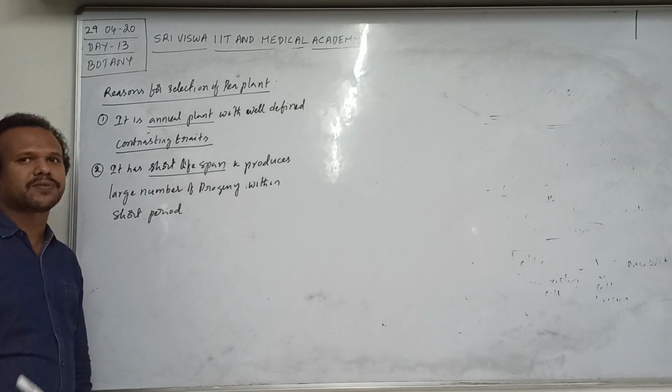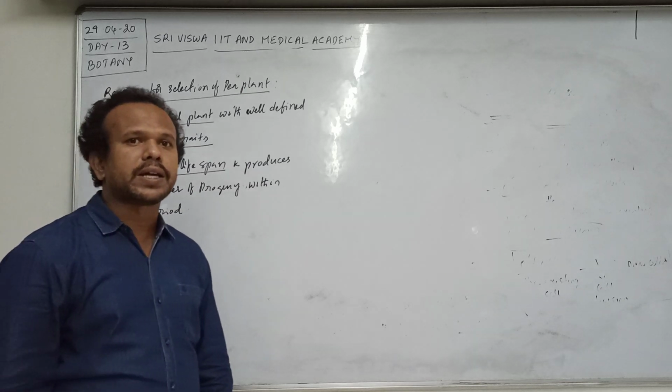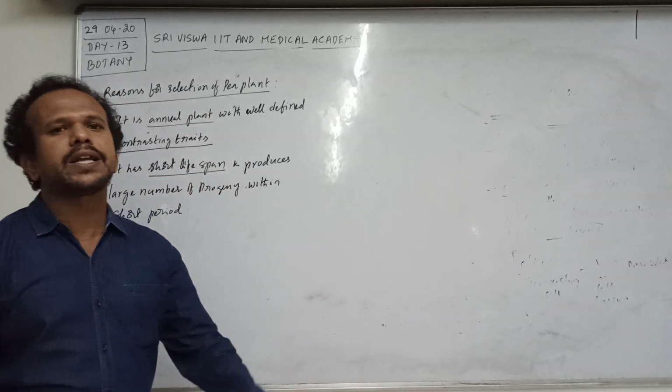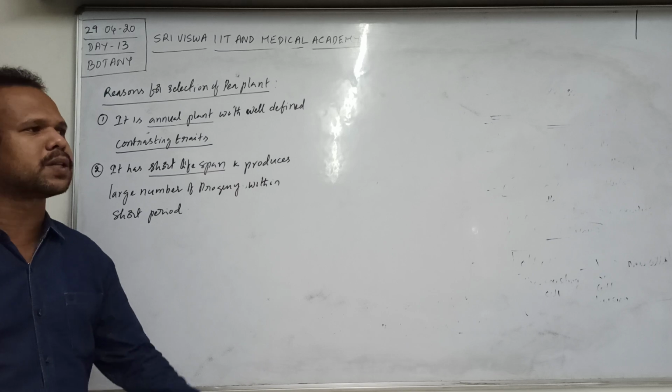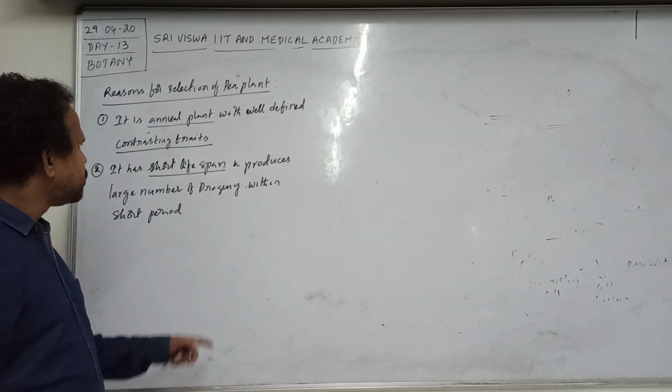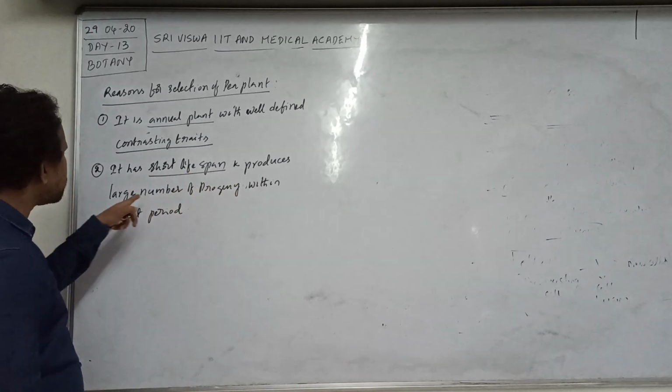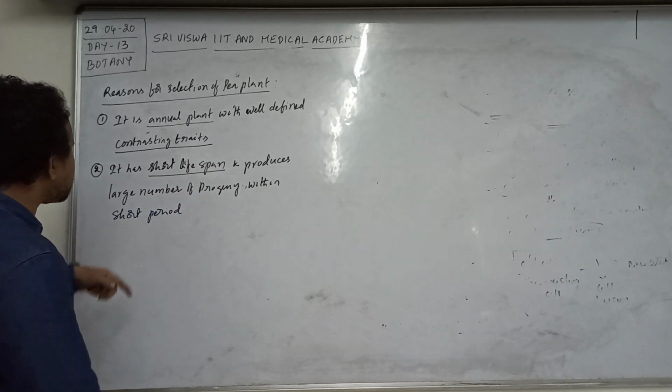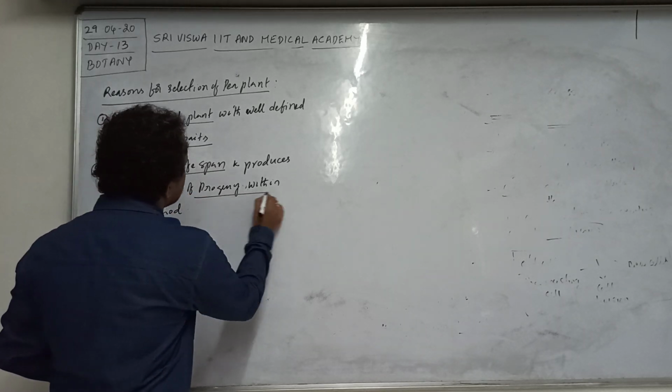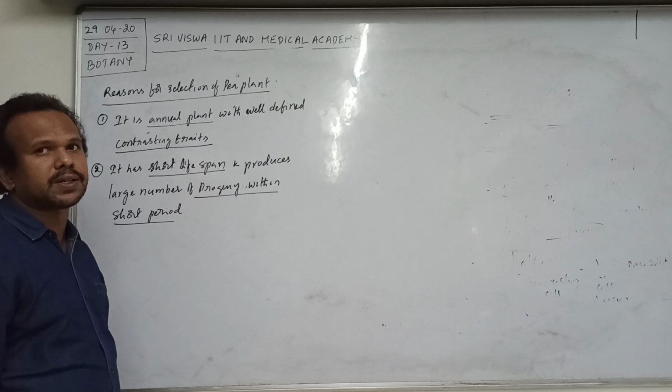As it is an annual plant, it has a short lifespan, there is no doubt. Due to its short lifespan, it produces large number of progeny within short period. This is also another very important feature.